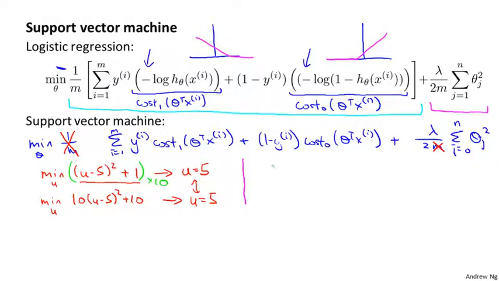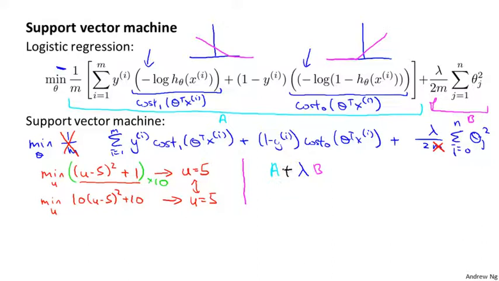We controlled the trade-off between these by minimizing A plus lambda times B, where I'm using A to denote the first term, and B to denote the second term, without the lambda.